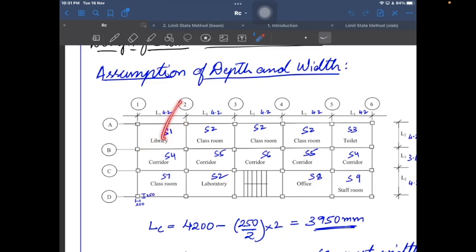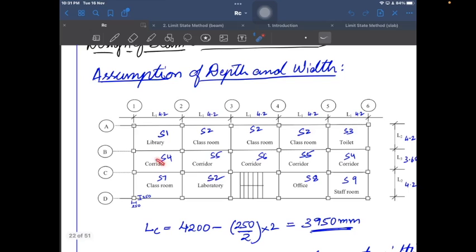So on this, 1.5 into 6 into the whole formula you have to do to get this slab's load on this beam. And the corridor has 4 as live load, so 4 into 1.5 into that whole formula with its corresponding ly and lx, you get this slab's load on this beam.